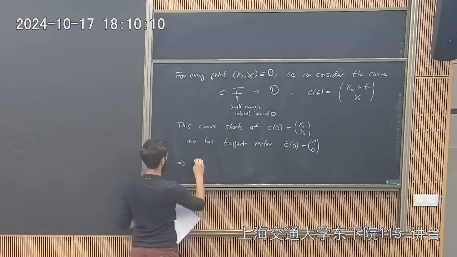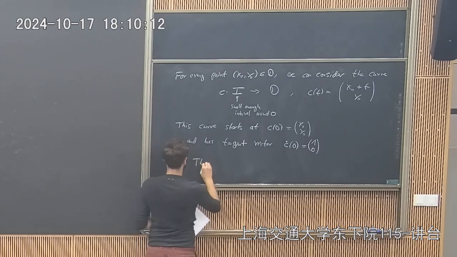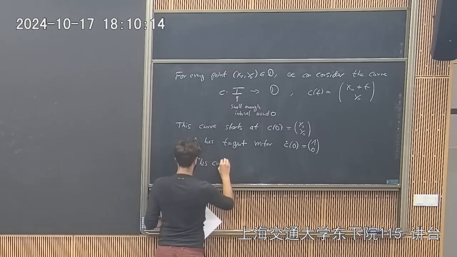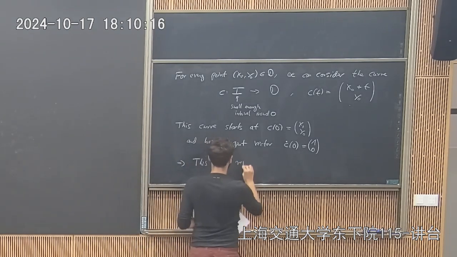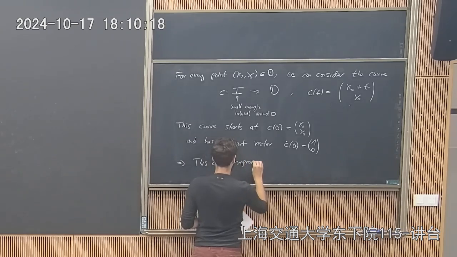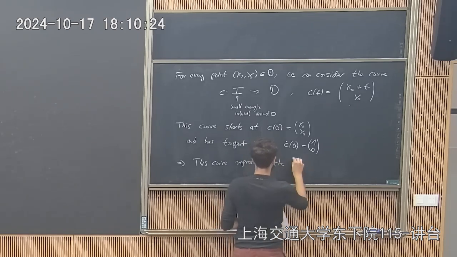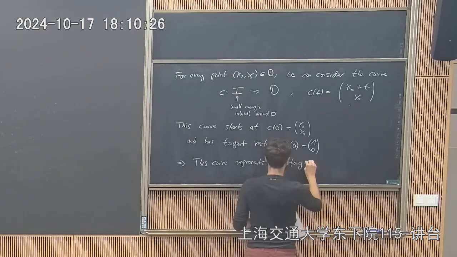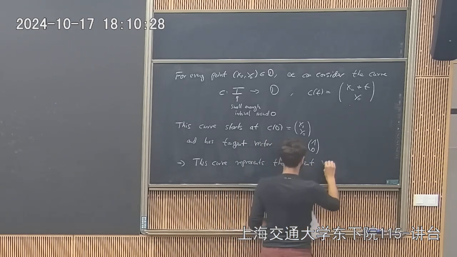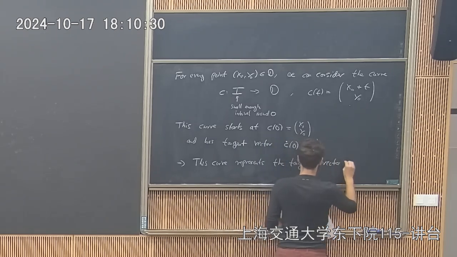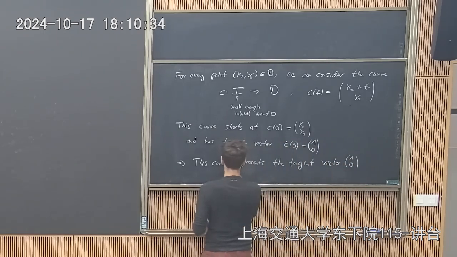Thus we can say that this curve represents the tangent vector for this at the point.